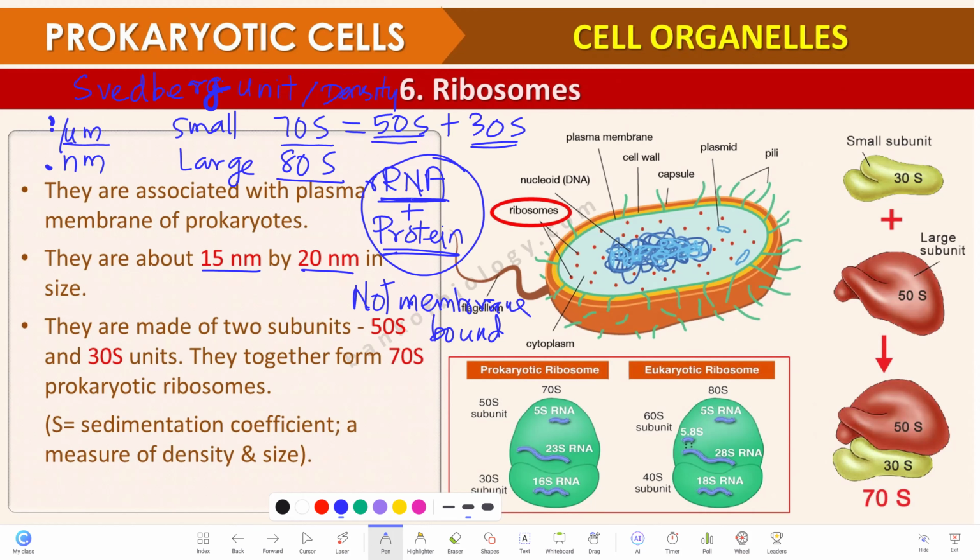Is there any covering around it? No. Okay. And what's the function? And what is it made up of? RNA and protein. Yes. 30S. Protein. Okay.